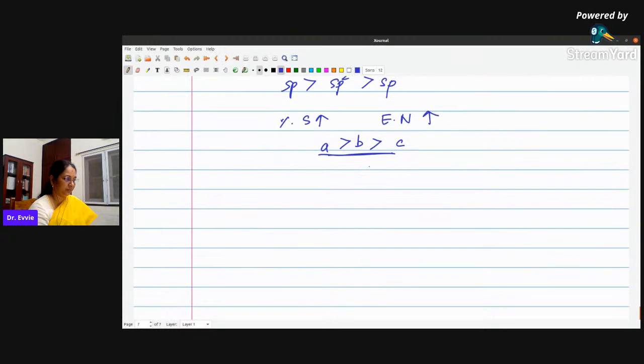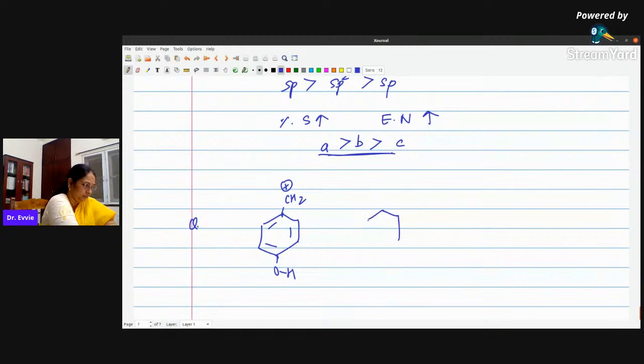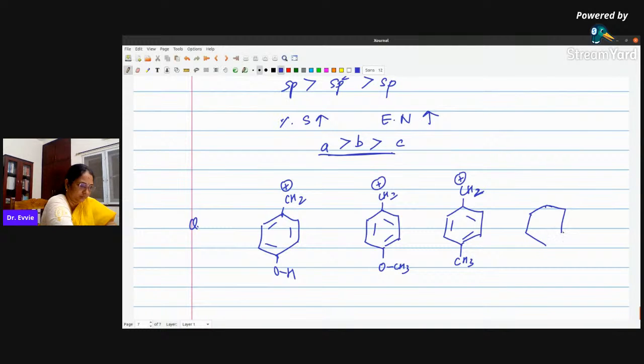Anyway, let's do a NEET question now. Can you try first, depending on the electron withdrawing group or whatever?